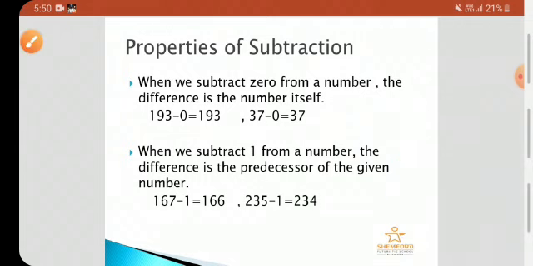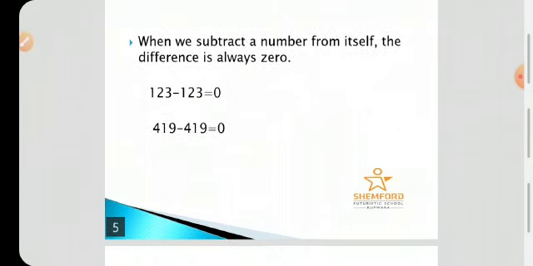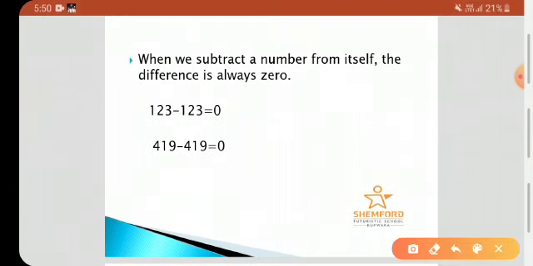Now let's move ahead. Now, third property. When we subtract a number from itself, the difference is always 0.